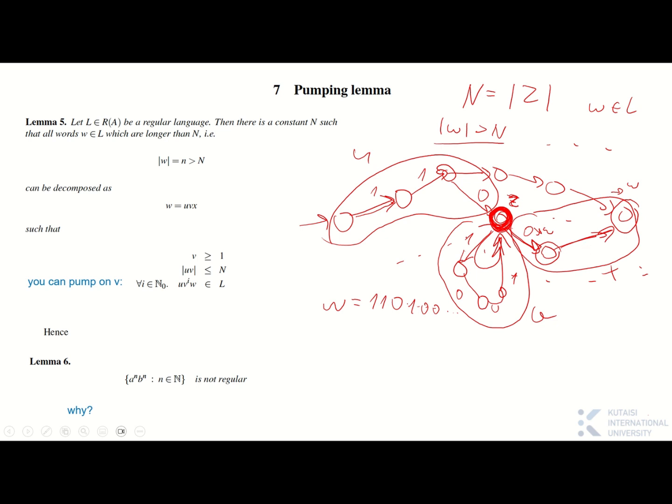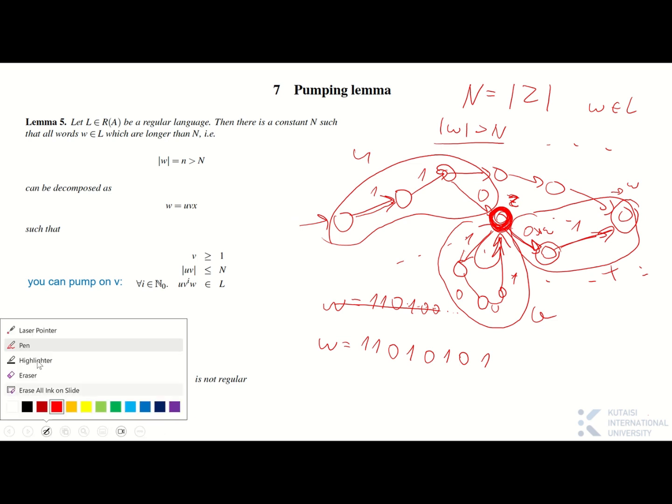So let's draw actually this guy. So in our case, W is exactly, I will draw what this is. It is 1, 1, 0, 1, 0, 1, 0, 1. Because you go, let me start my light.